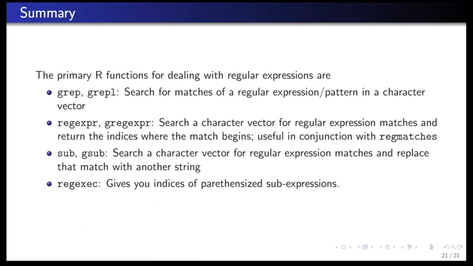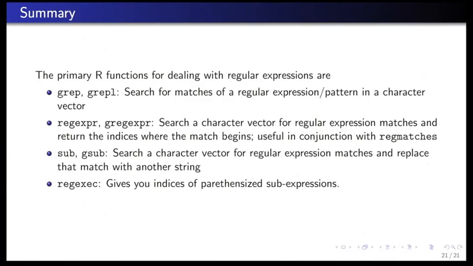Okay, so just to summarize, there are 4 basic functions: grep, regexpr, sub, and regexec. Grep will search for the string, but it won't do anything else. It'll just tell you whether the string matches or not. Regexpr will find where the pattern matches in a string, and it will tell you what character it begins at and how many characters it goes for.